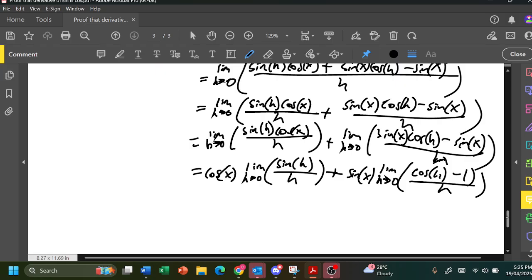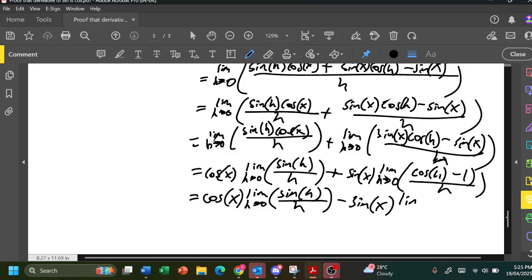So if I multiply the top here by -1, then that would give us 1 minus cosine of h. So I'll just fix things up a little bit, and you should see that what I'm writing here is the same as the line above it. If we take into consideration the negative sign, we have negative of sine of x times the limit as h goes to 0 of 1 minus cosine of h over h.